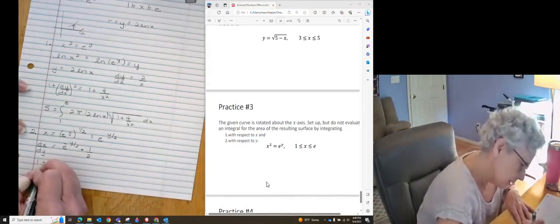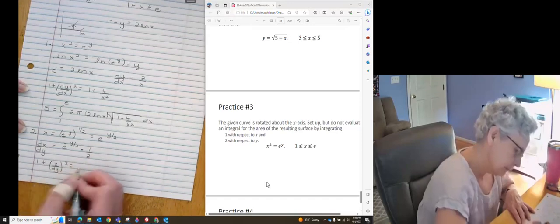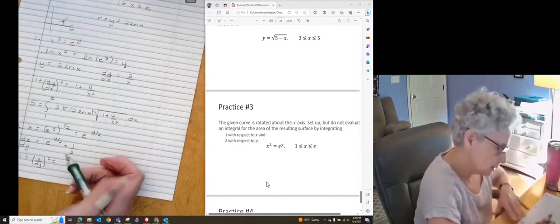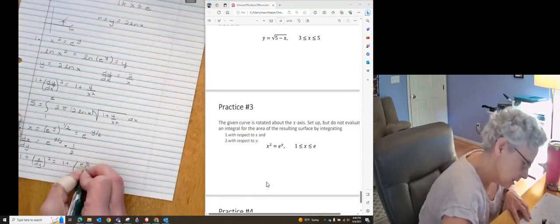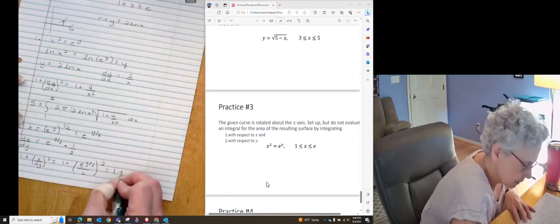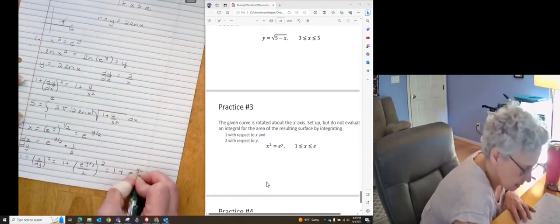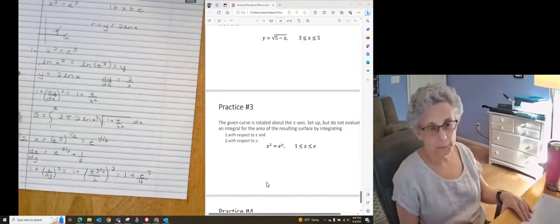So 1 plus (dx/dy) squared is equal to 1 plus (e to the y over 2) squared, which would be 1 plus e to the y, because we multiply the exponents, over 4.